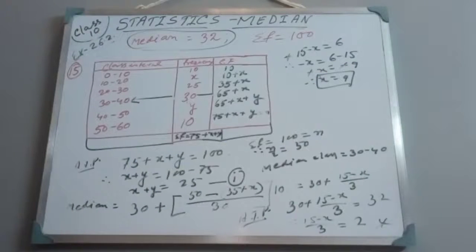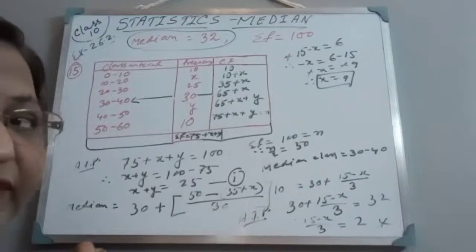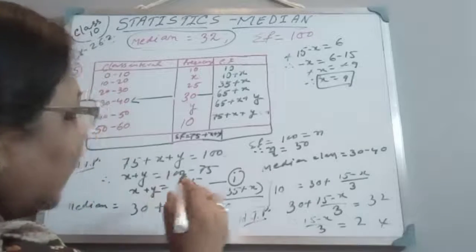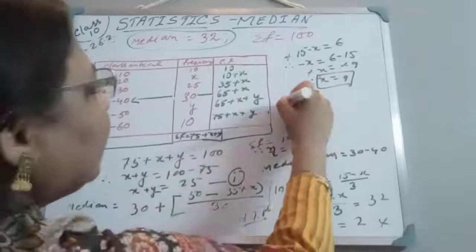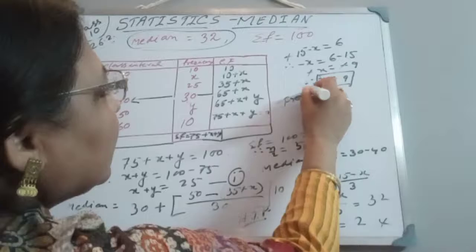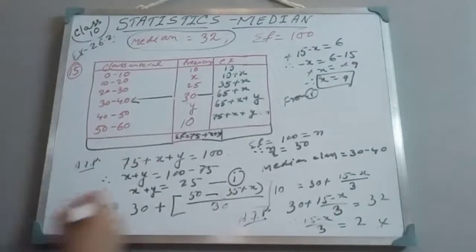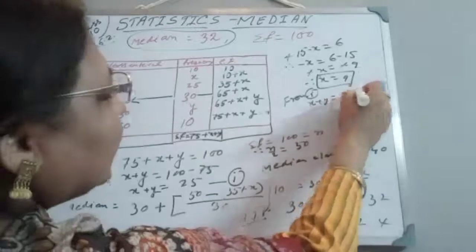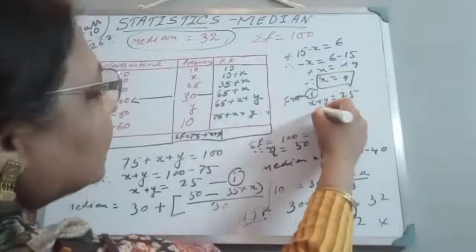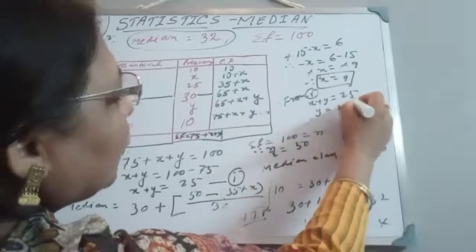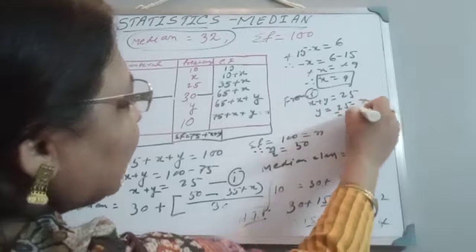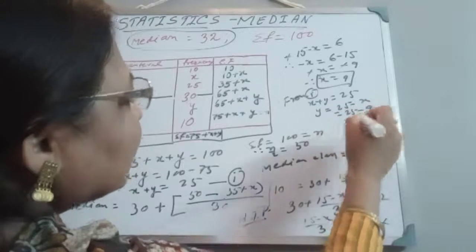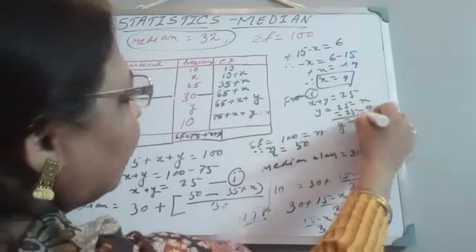Now we have to find the value of y. From equation 1 we know x plus y is equal to 25. x is equal to 9. Therefore y is equal to 25 minus 9, which gives us 16. So what is the value of y?